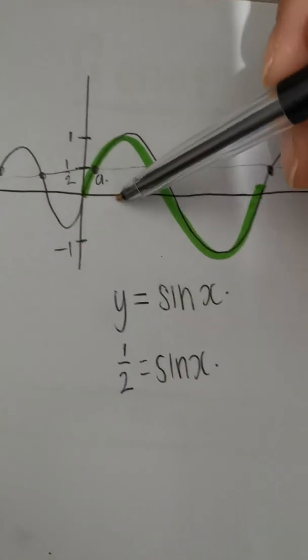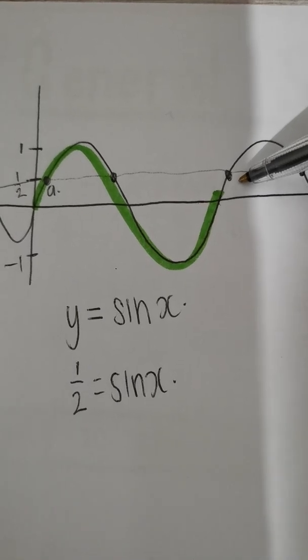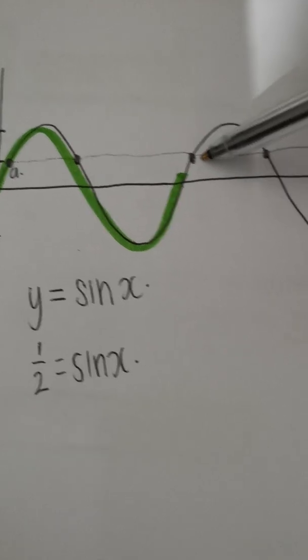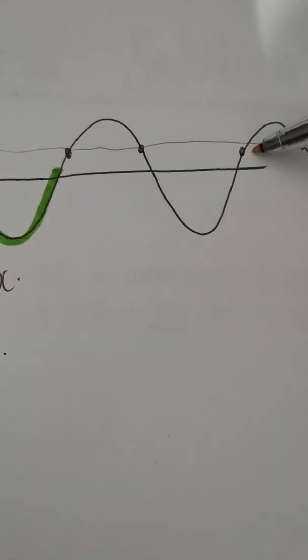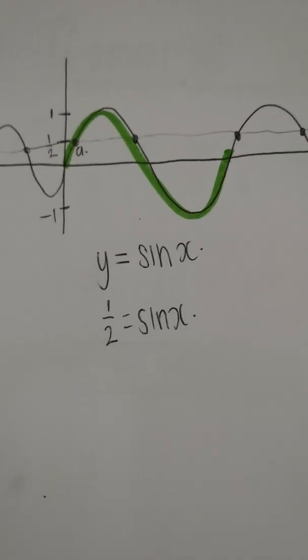To get from point A to this next point over here, I would have to add exactly 360 degrees. And to get from this point over here to the next one over here, I'd have to add again another 360 degrees. And another 360, another 360 degrees each time.